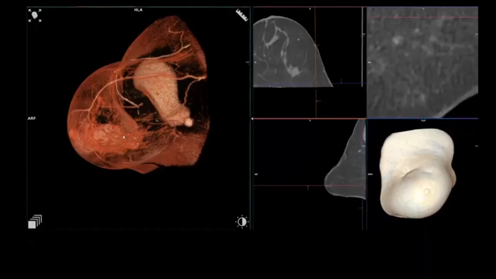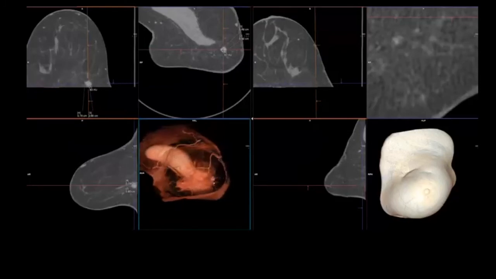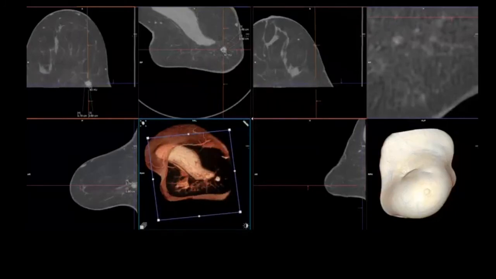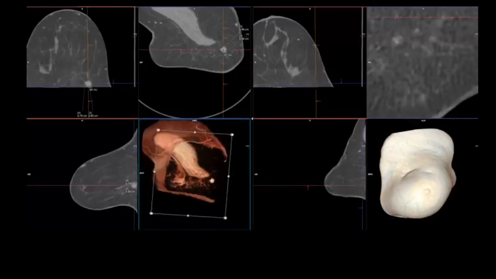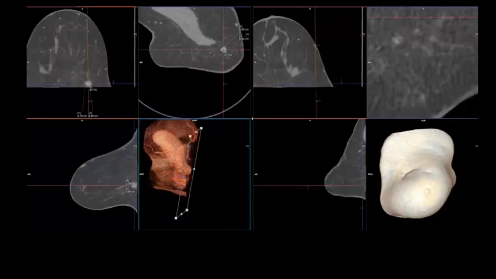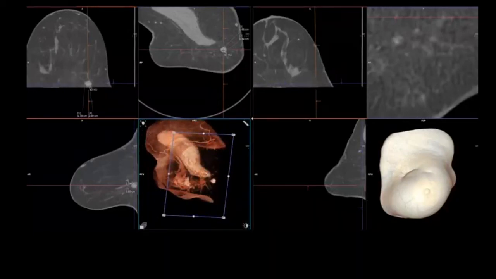What we also did with this case was further workup. So routinely, I did an ultrasound, also to have a look at the axillar nodes. And you can also cut these lines and slices into the right breast the way you want, just to have a closer look at the 3D.